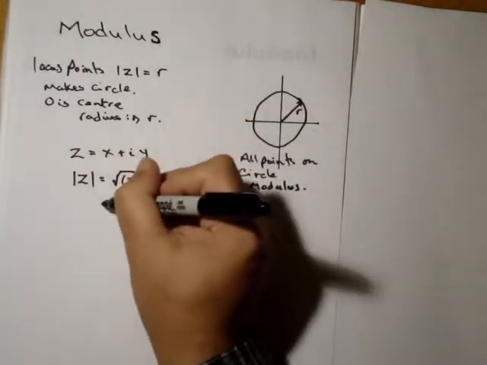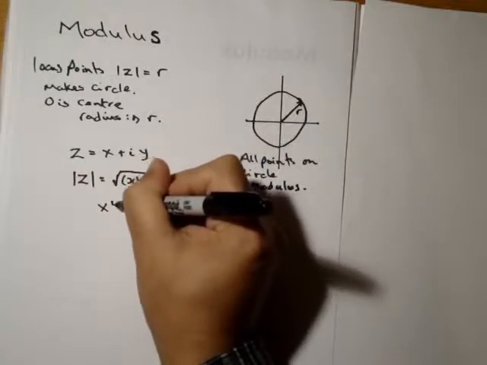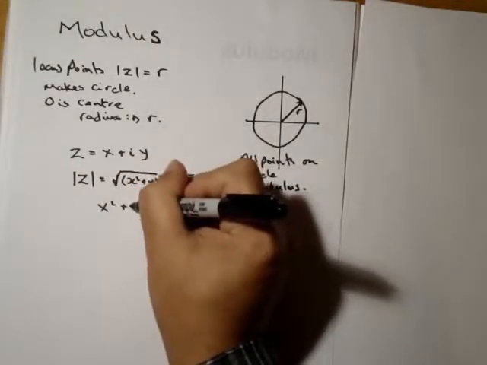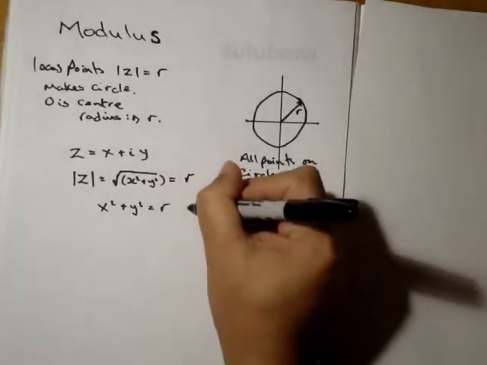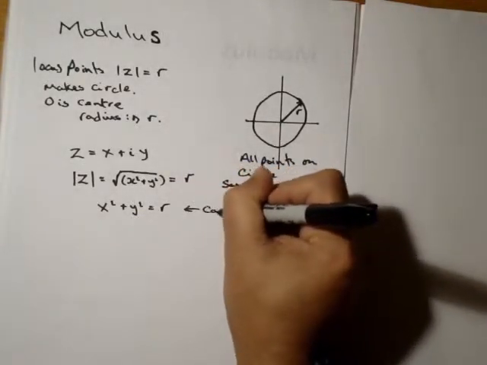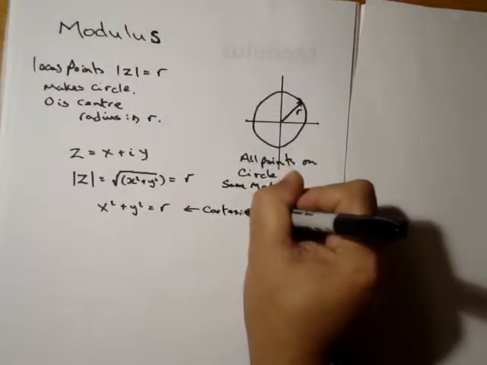And if we look, x squared plus y squared equals r squared, and this is the Cartesian equation for a circle.